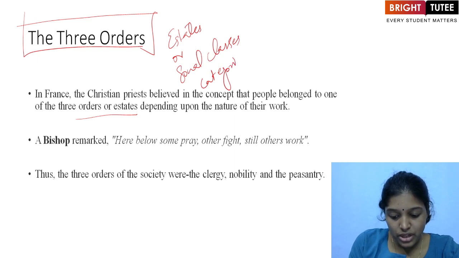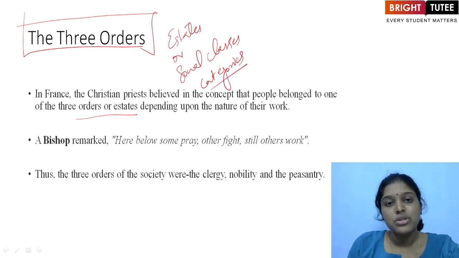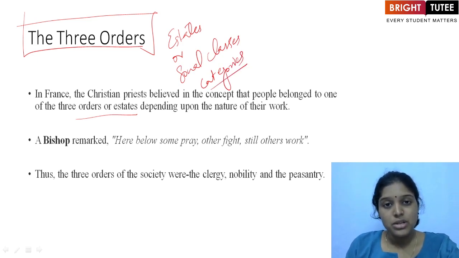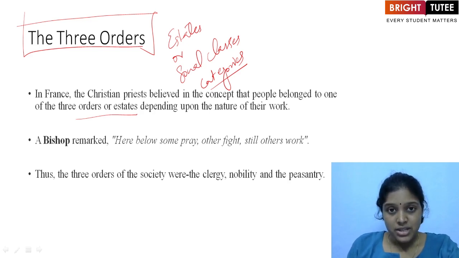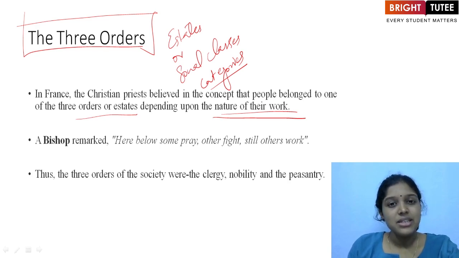These are different names used to term these social classes. And these classes were divided on the basis of the nature of their work. What kind of work they did decided which category these people belonged to.